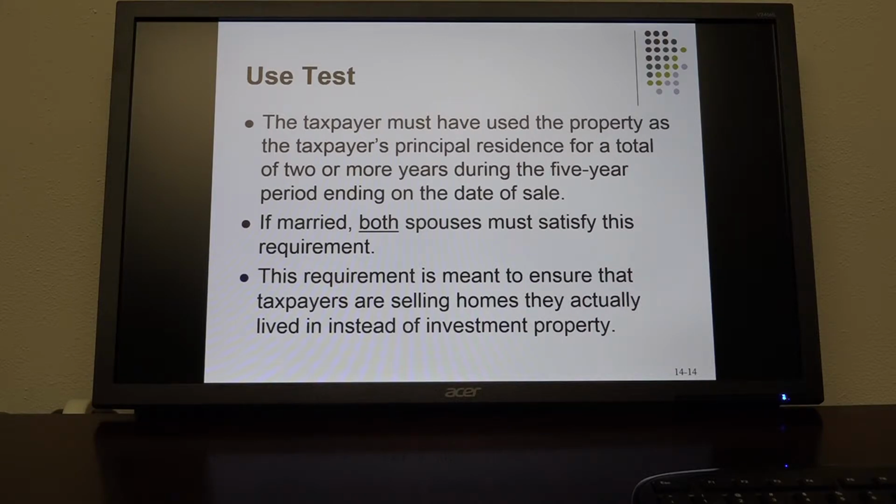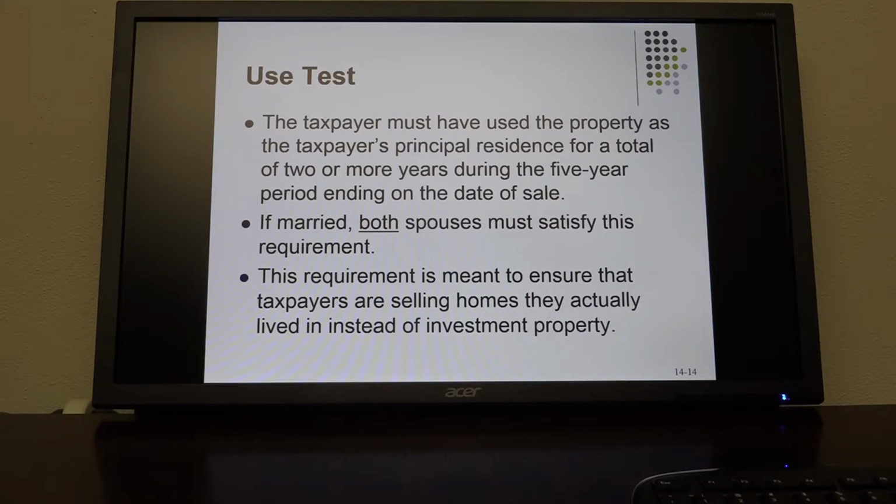But during that period, you got a job in a different city. On January 1, 2013, you move to that city to take that job, and you rent the property out during that last couple of years. Question is, do you still meet the ownership test? Right, because you still own the property.